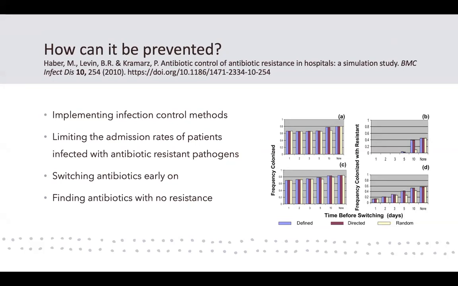If you're switching the antibiotics within the first 1, 2, even 3 days of infection, it prevents the colonies from growing, because if they're resistant to one antibiotic, they may not be resistant to another. So this showed to be one of the most effective ways to treat antibiotic resistance within hospitals.